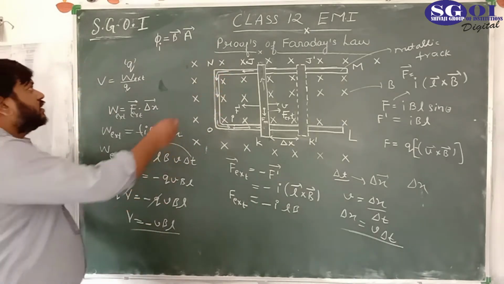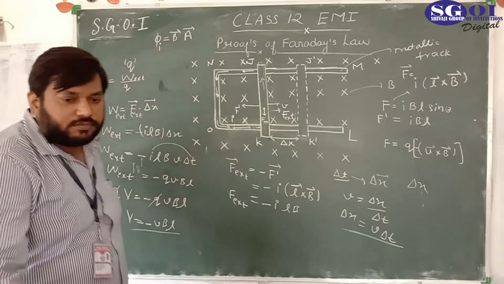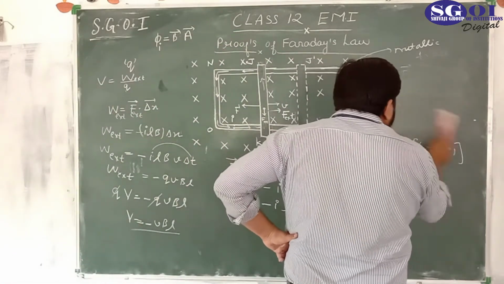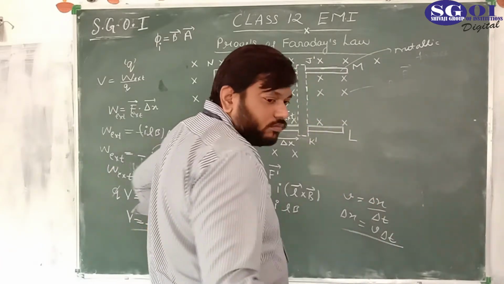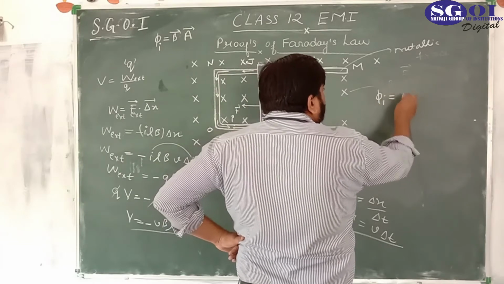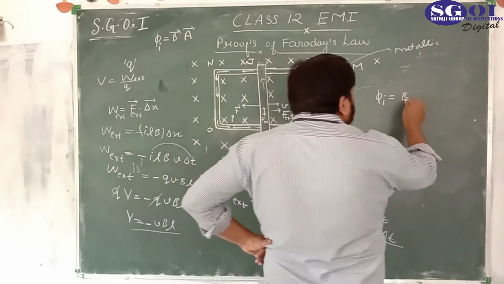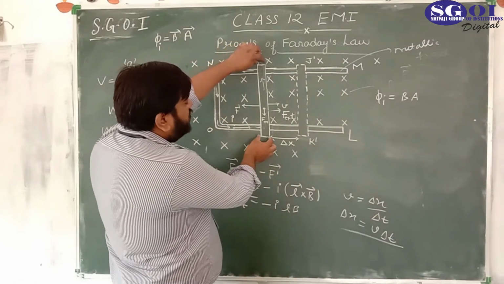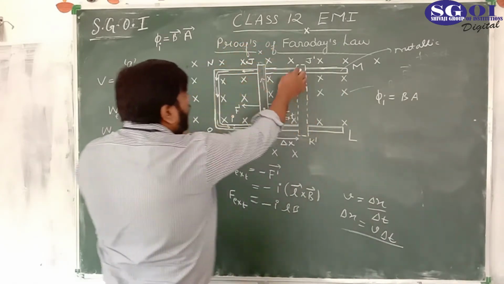So the flux phi initial equals B, which is constant. Area is not constant, because when we move this particular rod from here to here, area will increase.